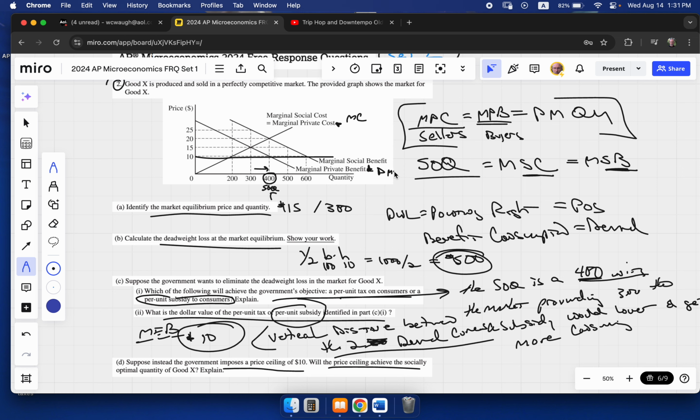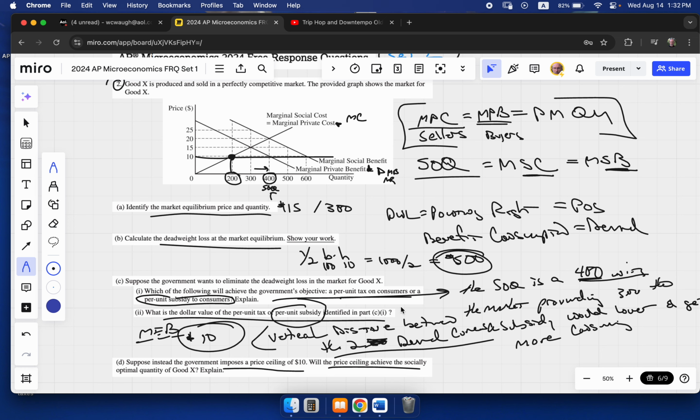this in essence is marginal benefit, or we could call it marginal revenue if we wanted to. We recognize that at a $10 price, here's our supply curve, suppliers are only going to supply 200 of this good. Not anywhere near the 400.